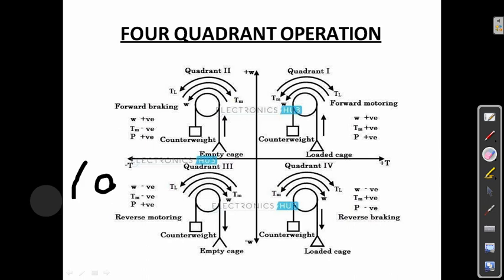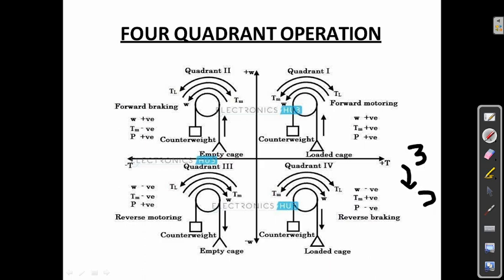Now the last position: while the lift is coming down, if you want to stop at a particular floor, for example the second floor in a three floor building, how will it happen? Again, we have to go for the concept of forward braking.